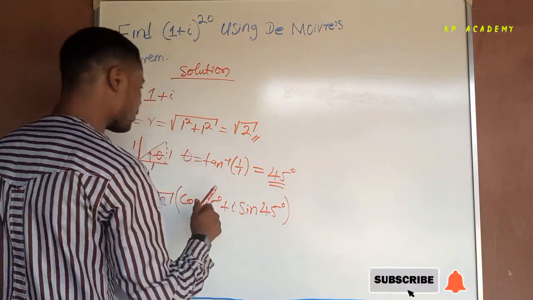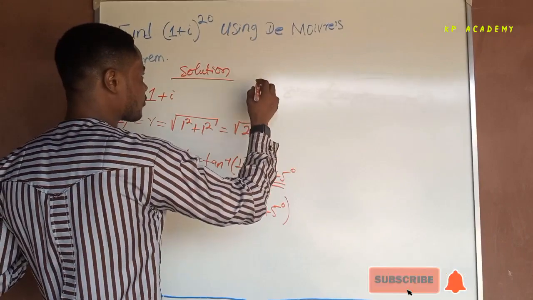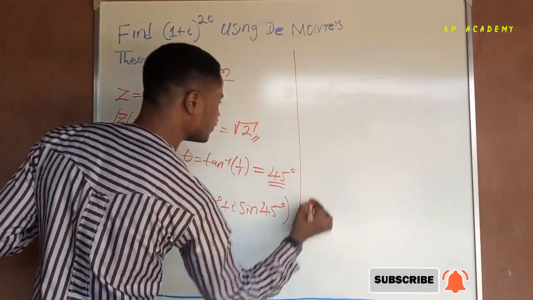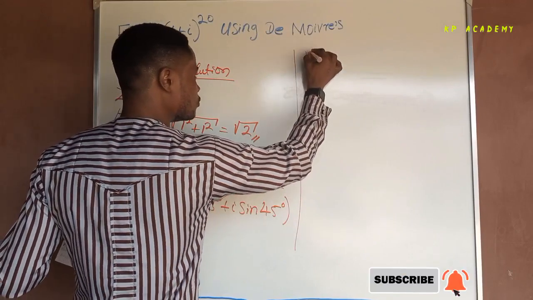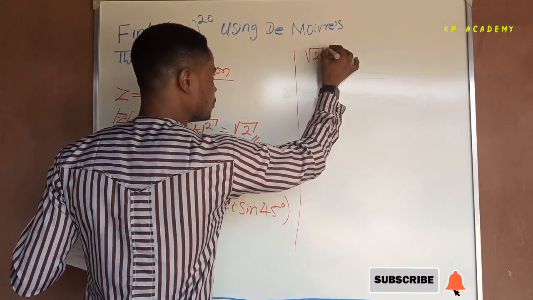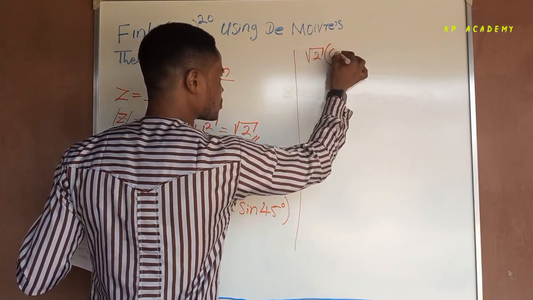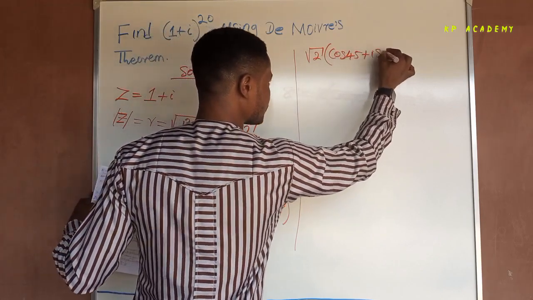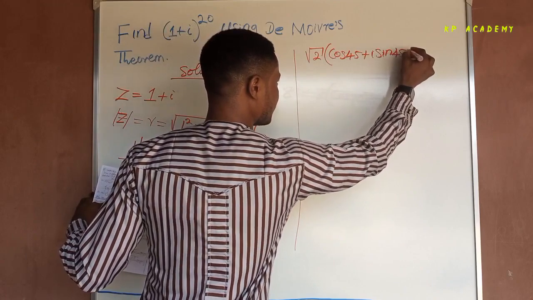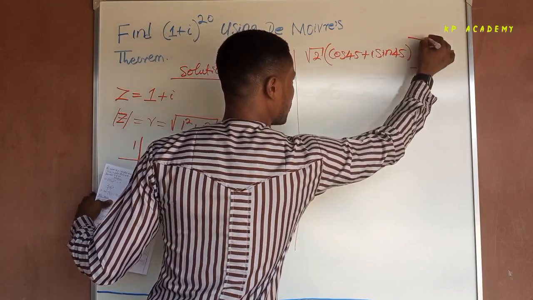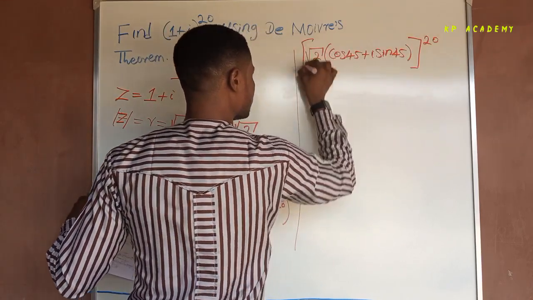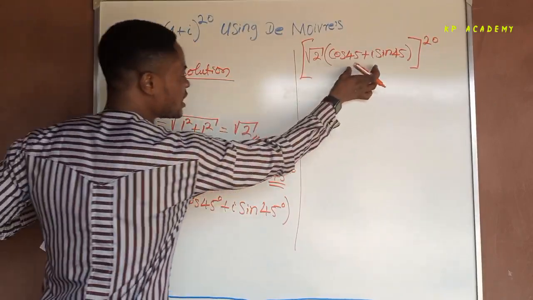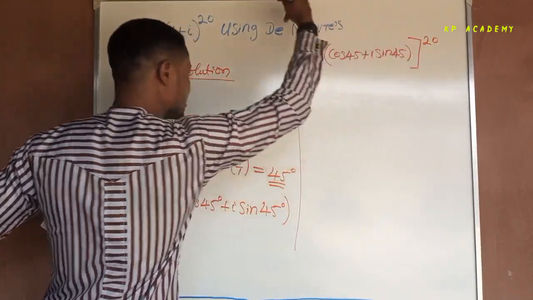Therefore, from here we can say that this is root 2 into cos 45 degrees plus i sine 45 degrees, all raised to power 20, because the thing inside here is equal to 1 plus i.